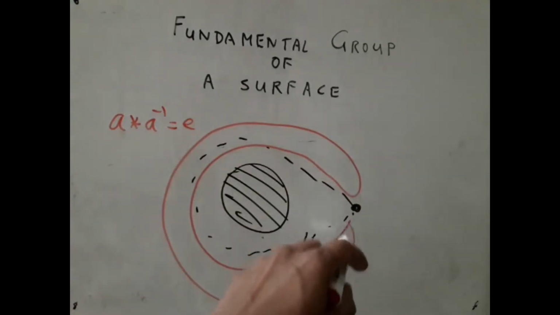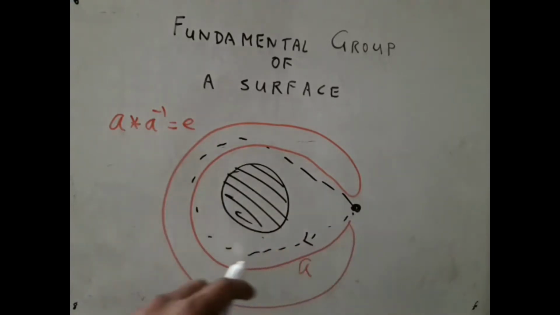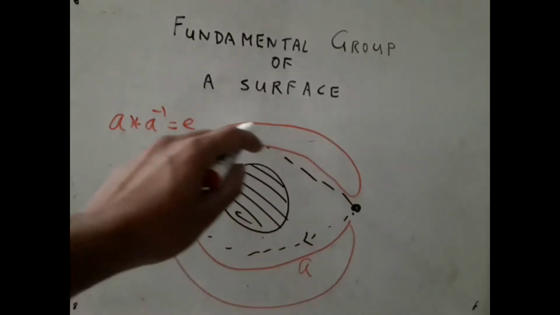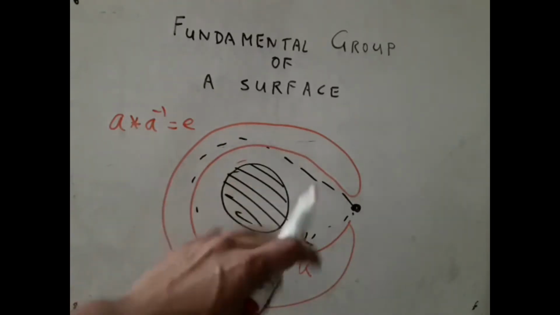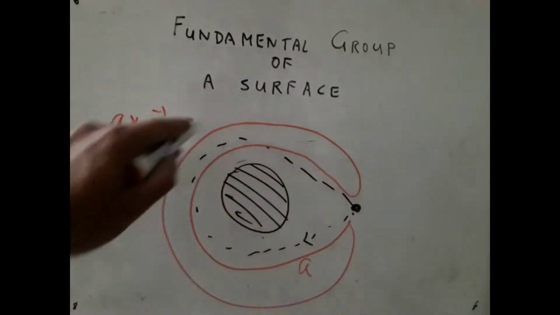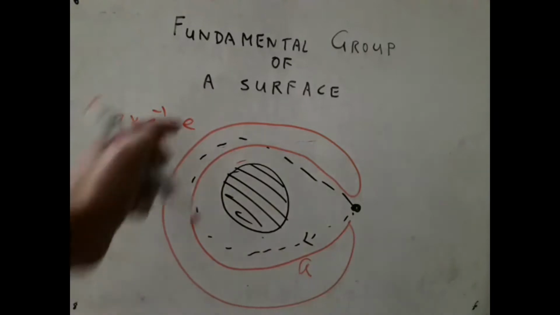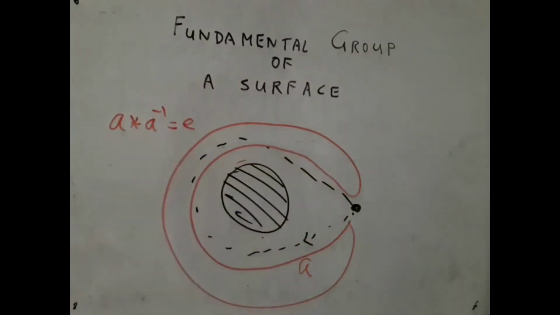So you see this path, this is A star A inverse, this path has no hole at all inside it. Remember, this hole is outside the path. My new path is this loop that bends back on itself. So since this interior of the loop is free of any holes, this is actually same as identity.